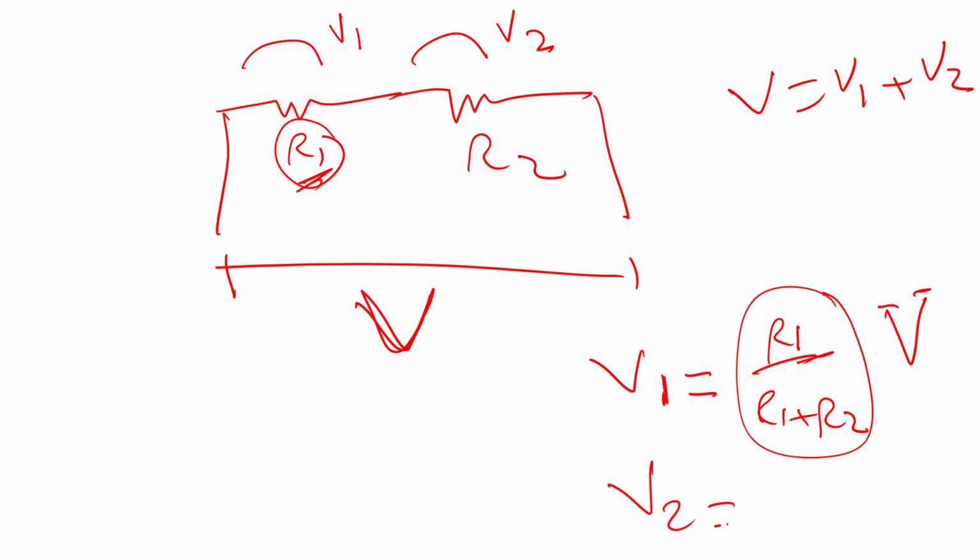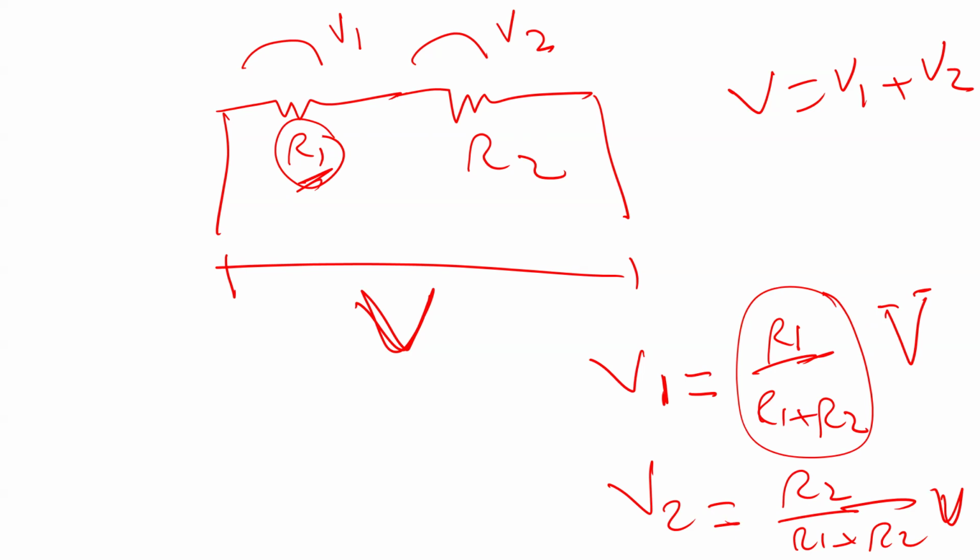What about V2? V2 should equal R2 divided by R1 plus R2, times V. Is that okay? I'm going to tell you about the proof. But this is like a law. I can just use it.